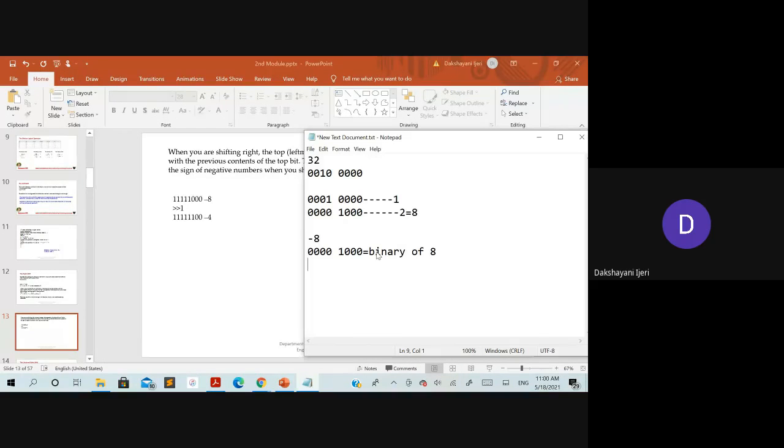To do the 2's complement, first you need to convert this to the 1's complement. 1's complement in the sense every bit needs to be inverted. So if it is a 0, make it a 1. Correct? So this is the 1's complement.